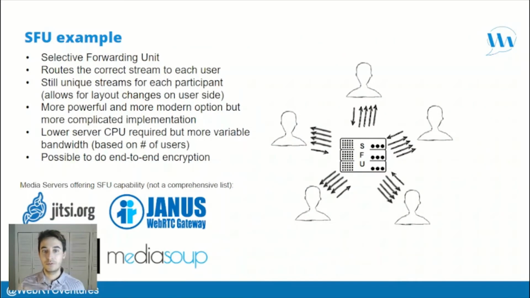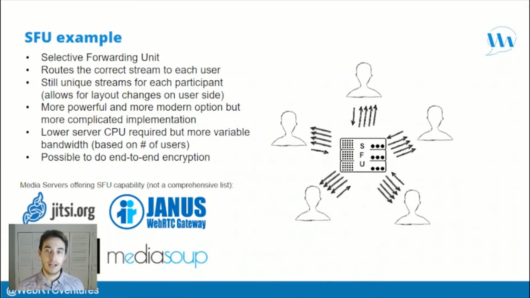The SFU, in this case, takes a hybrid approach where each participant will send just a single stream, just like in the MCU, but in this case, the streams are not being processed or mixed on the server, they are just relayed or forwarded.